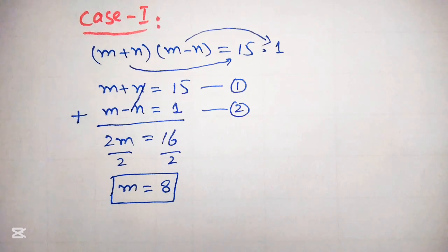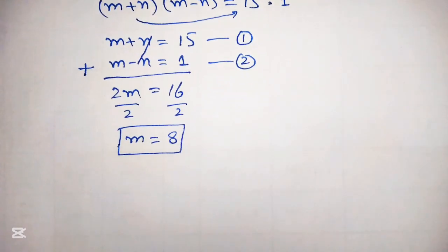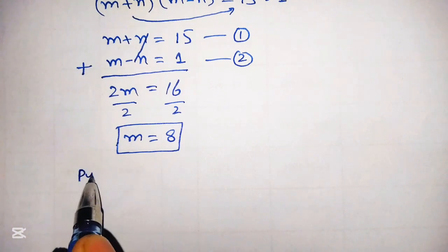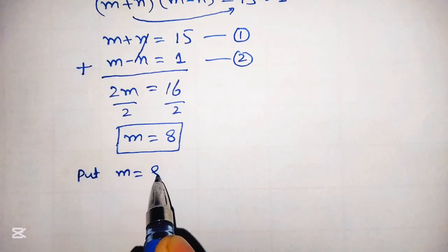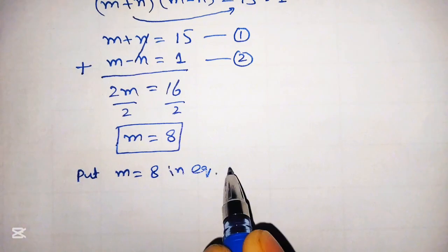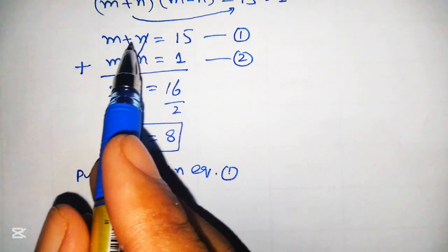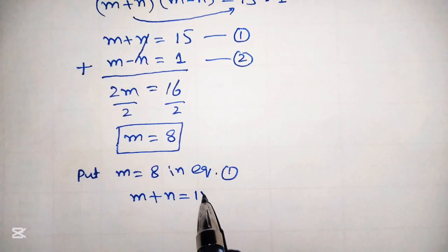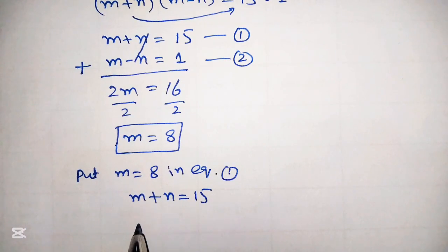This is the first value. Now for the value of n we will put this value in equation number 1. Equation number 1 is m plus n is equal to 15, and we put m is equal to 8 here.